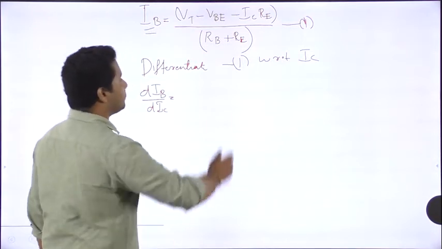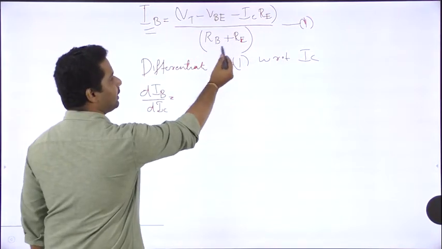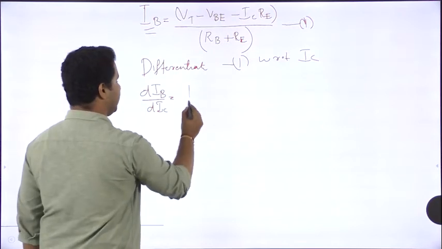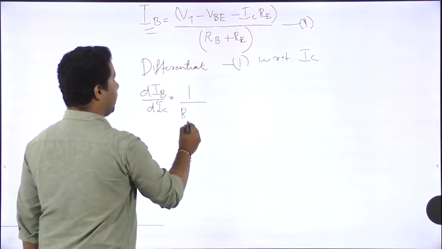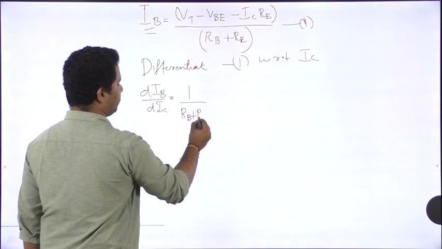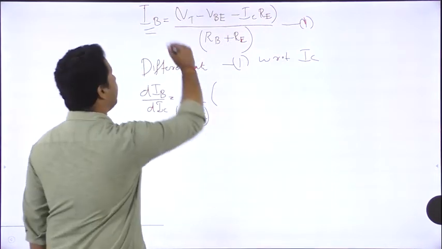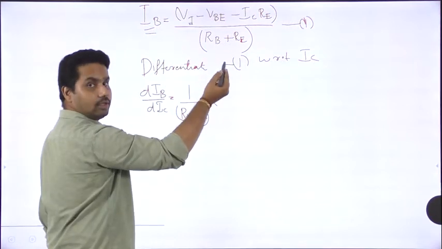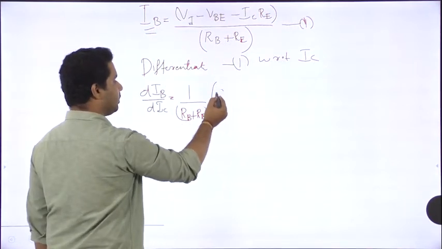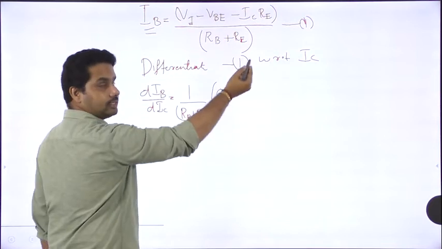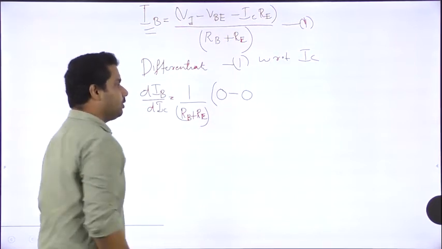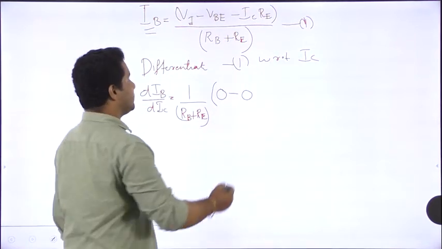So if I am doing that to equation number 1, this denominator part is what? Constant resistance only, no? First we will take that outside. So RB plus RE, and the remaining things we will see. Again, d by dIC of VT is what? It's a constant value only. Thevenin voltage is constant, 0. VB is what? It is constant, 0.7 volt for the silicon based device.